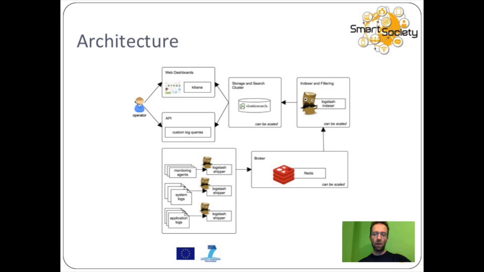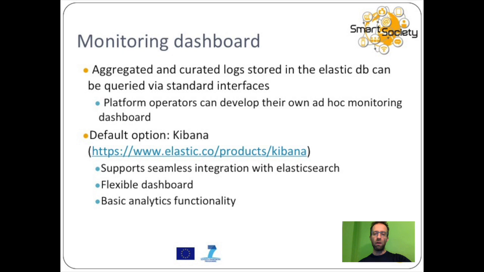Then this is transmitted to a Logstash indexer, where the information collected is indexed and filtered. This gets stored on an Elasticsearch cluster, and from there you can access the information either through a web dashboard, where, as we will see, Kibana is the default choice, or through some custom APIs that allow you to query the log directly.